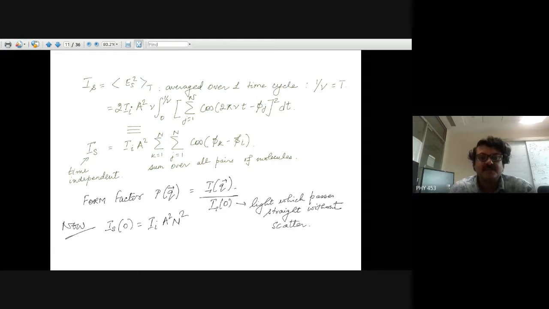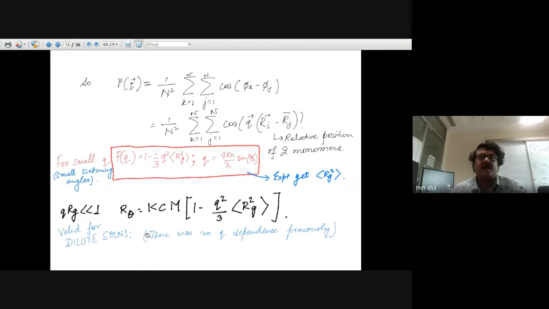right? So basically, I0 is when the light or the electromagnetic radiation or the neutrons, as the case may be, is traveled straight. And PQ is basically defined as 1 by n square.